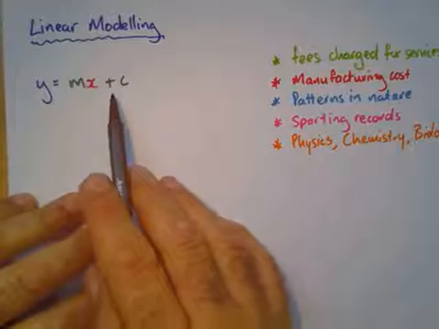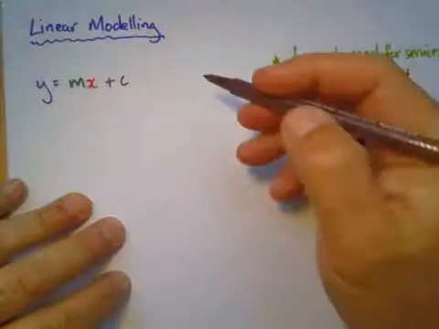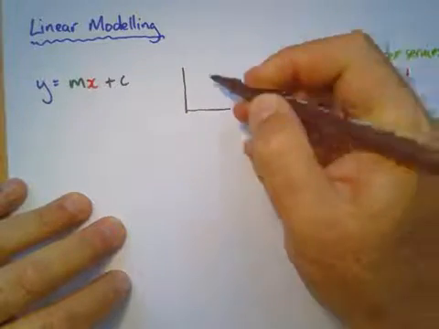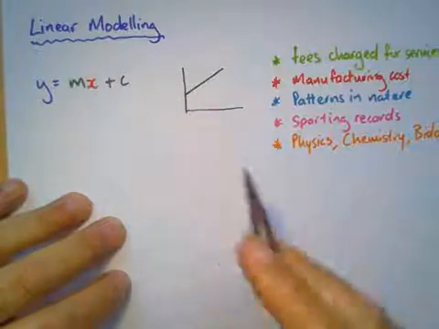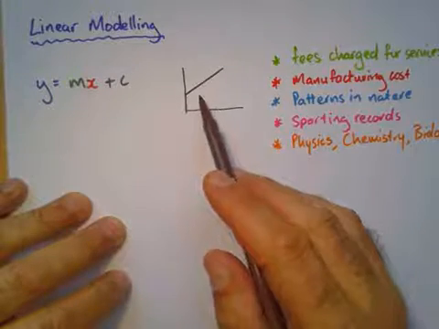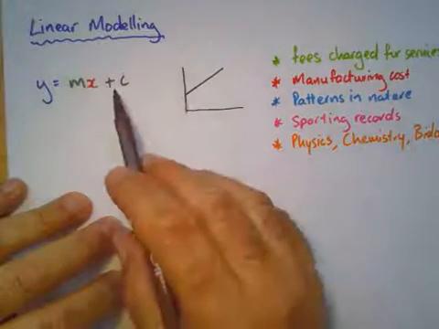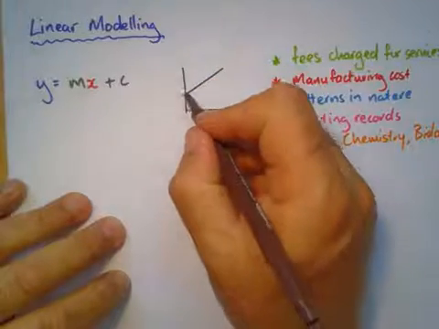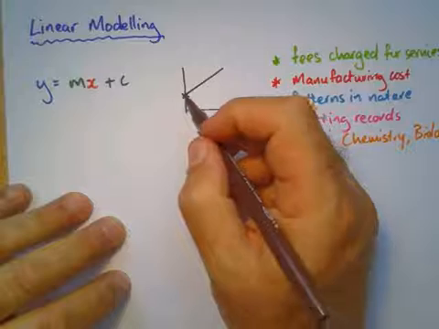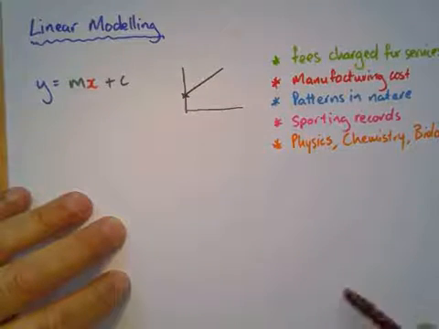If I have a graph, and I'm just going to use the y and the x-axis now, if I have a straight line where two relations are directly proportional to each other, it means as the one changes, the other one changes as well, then c is where x equals 0. So that's always going to be our starting point.